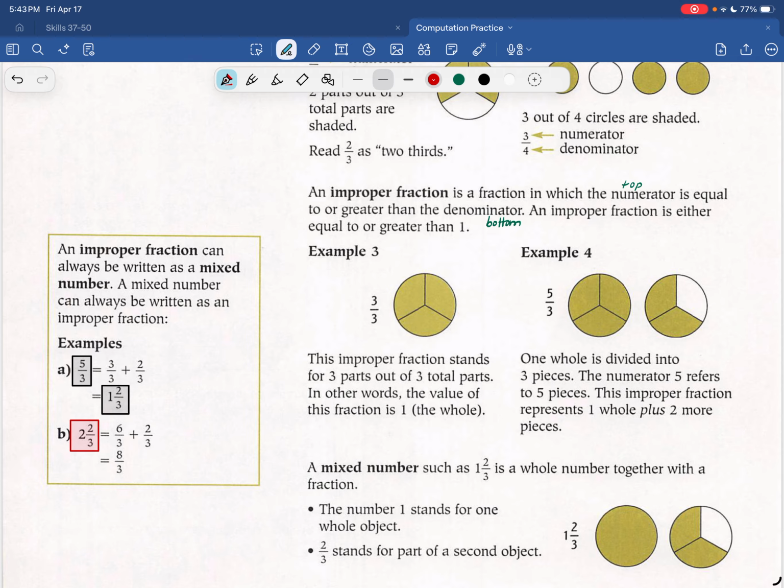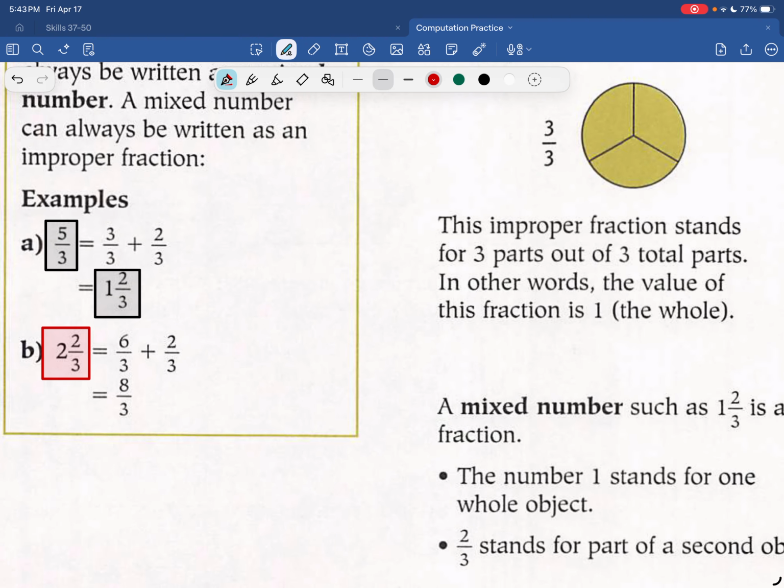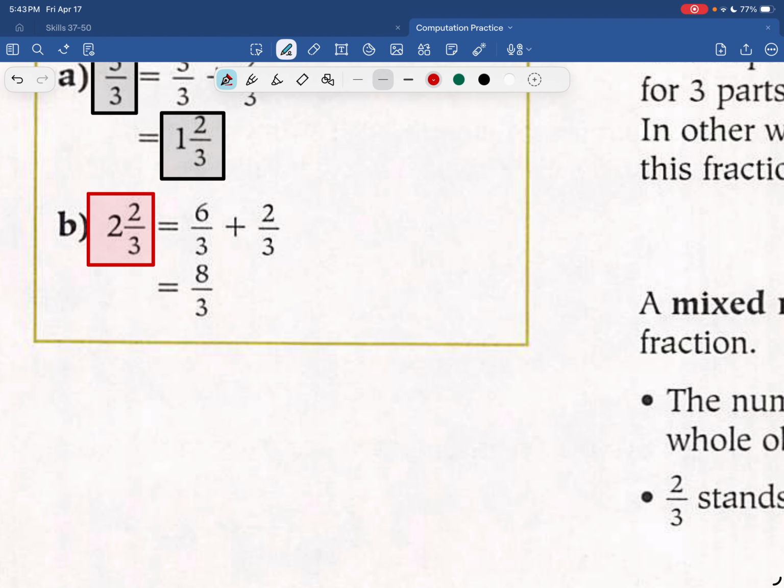So you could say 2. Let me draw this one for you. Let's see if we can represent this with math, because this could get a little confusing quickly if we don't make sure. So I'm going to draw a circle. Okay, so let's cut this circle into thirds.